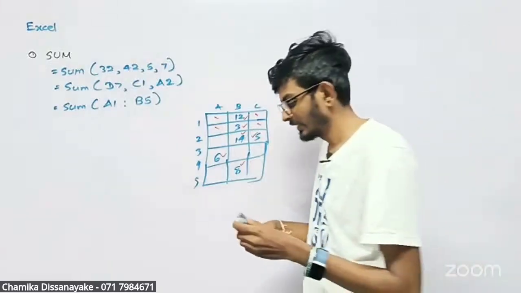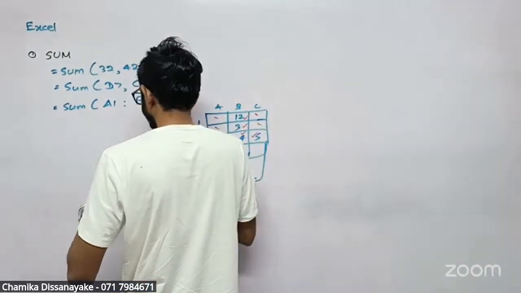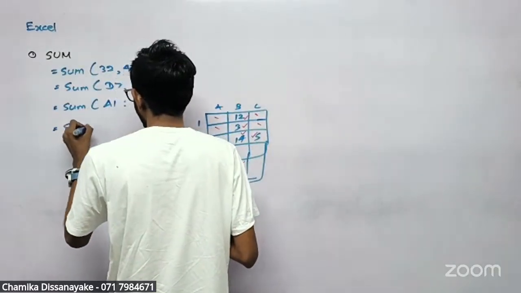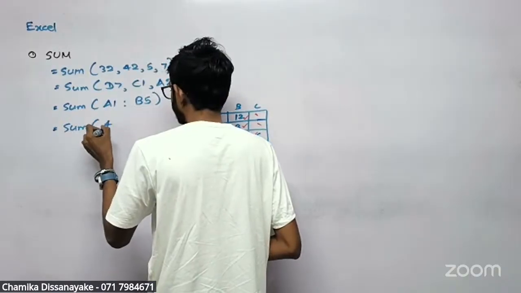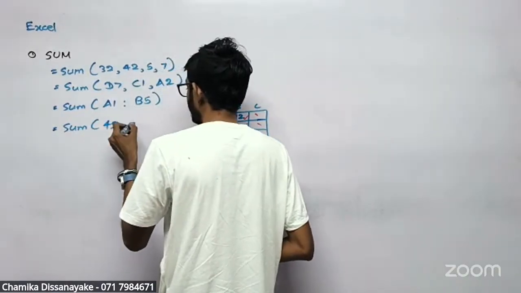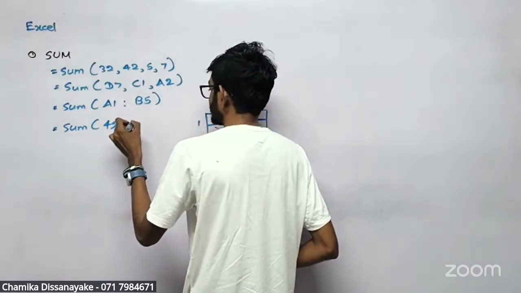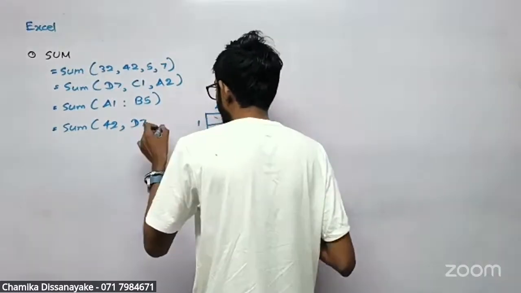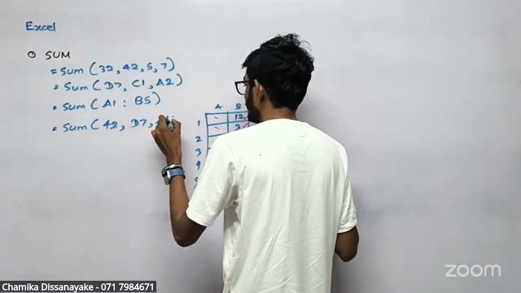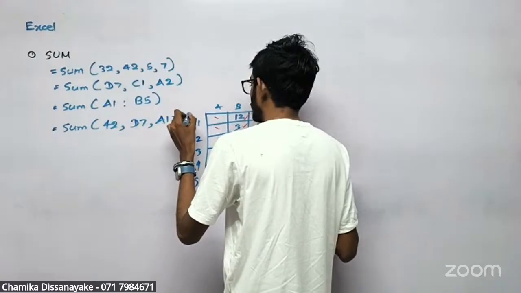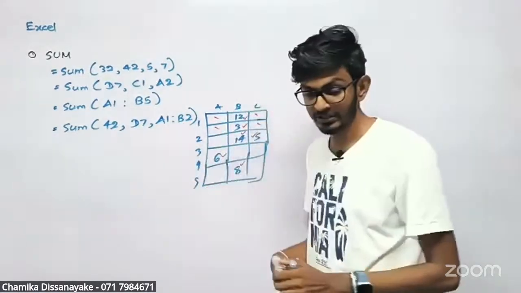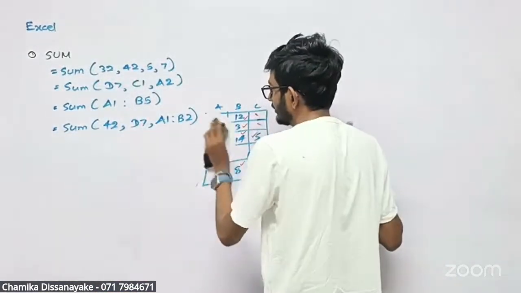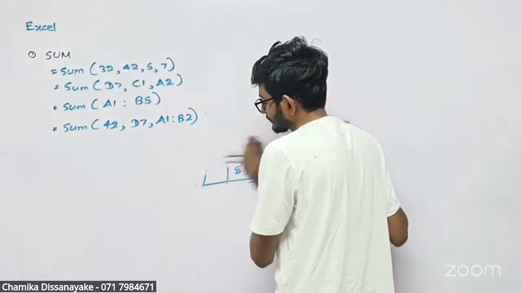Okay, and also there is another method. We can put SUM and a number, and then comma we can put the cell address, and also we can put the cell range, A1 to B2. Likewise, we can put several things. I mean the numbers or else cell address or cell range.